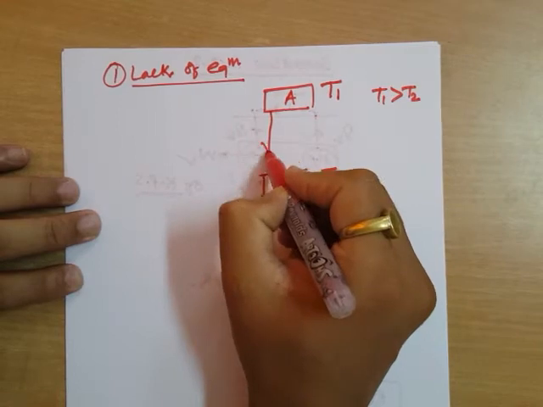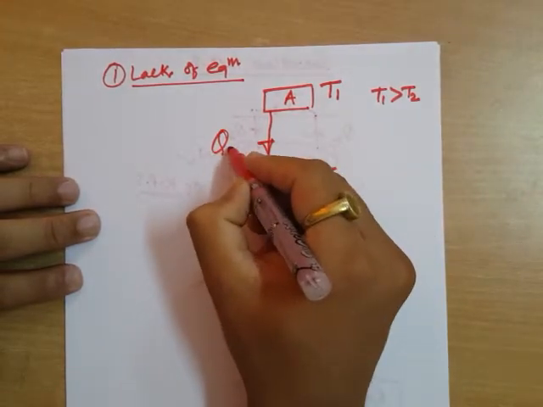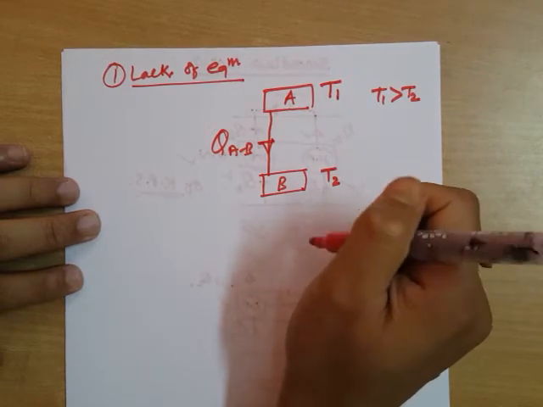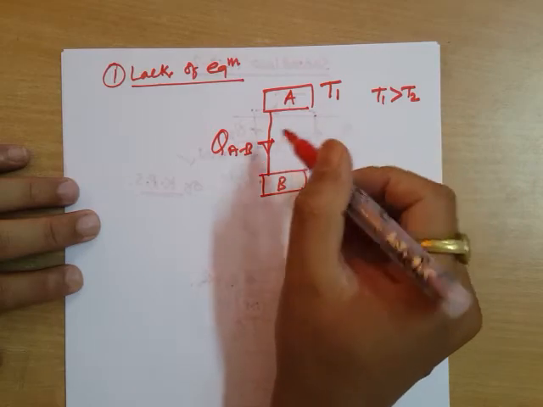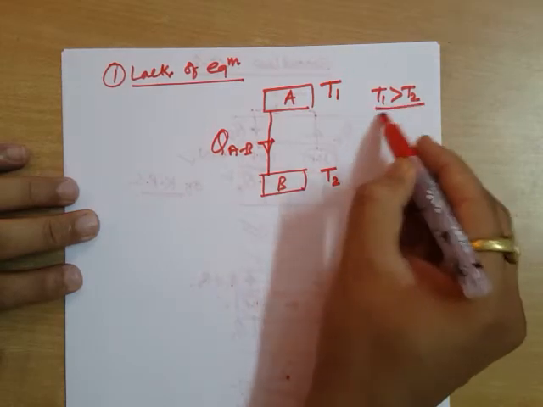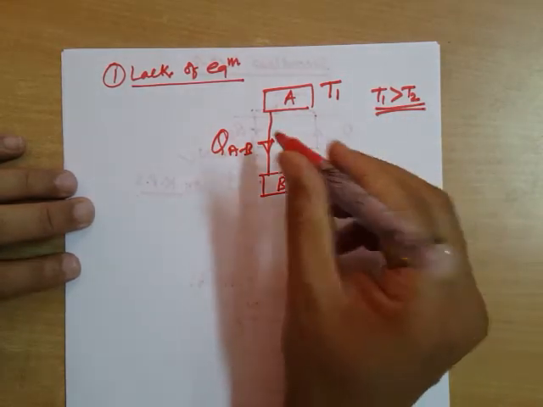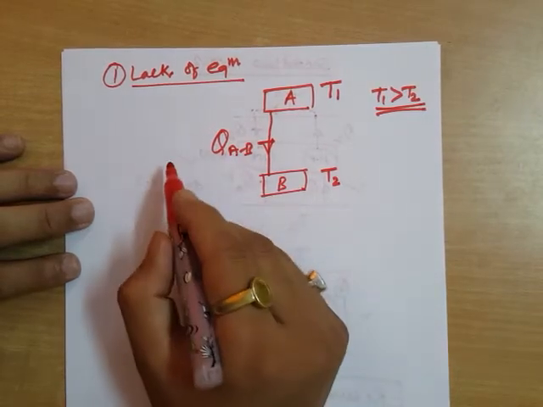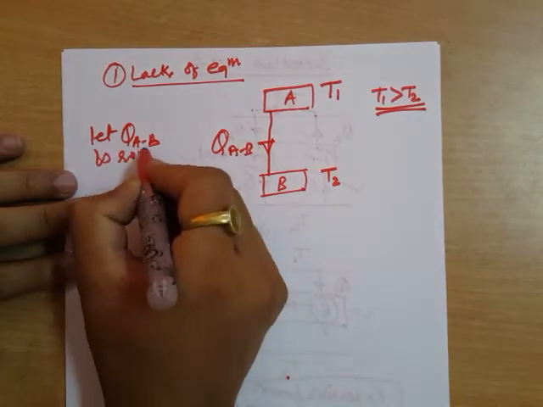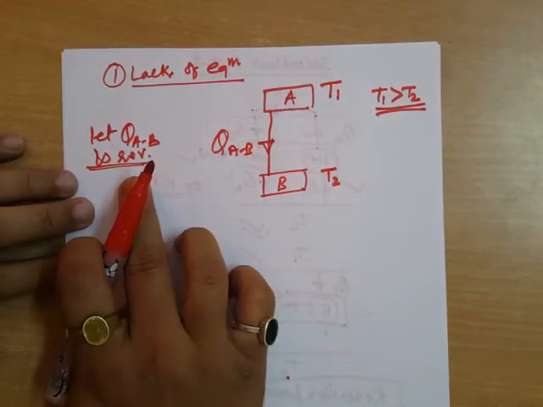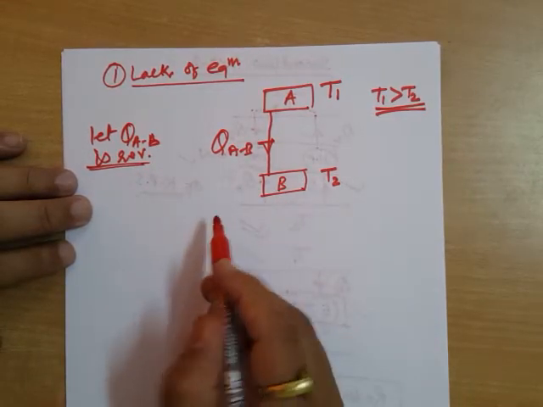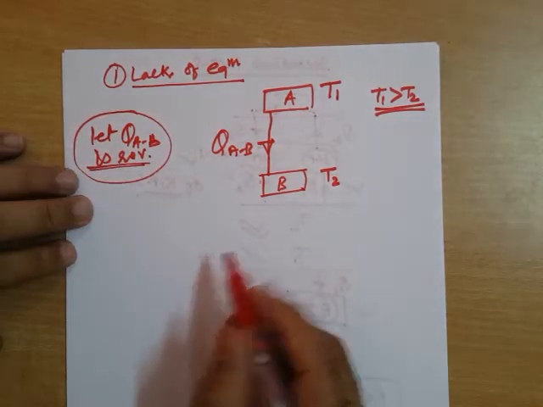Heat will naturally flow from the higher temperature to the lower, that is, Q_AB from A to B. Now, to prove that this heat transfer is irreversible because of this finite temperature gradient, let us argue this way: let Q_AB be reversible. If I can prove that this is wrong, then ultimately we will be proving that Q_AB is irreversible. Let us see what happens.